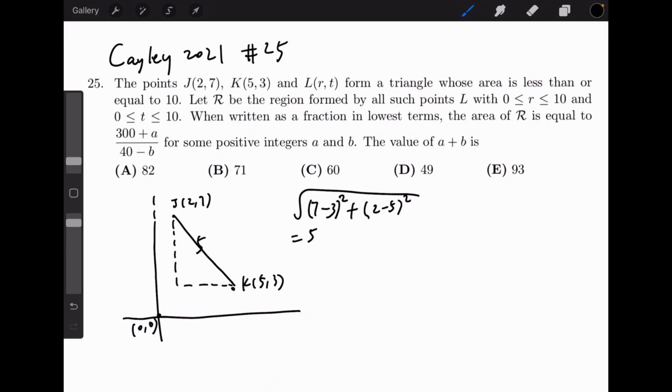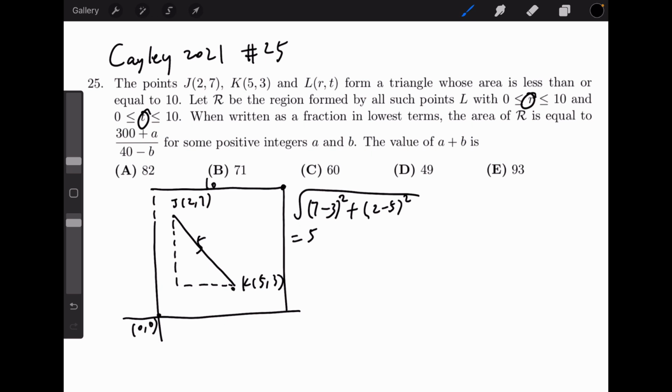So next thing we know is that the x-coordinate and the y-coordinate, which are R and T, both have to be within the range of 0 to 10, which means the triangle must be within this square that has a side length of 10.